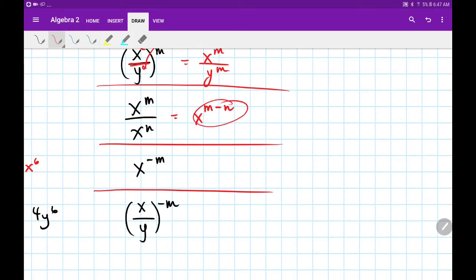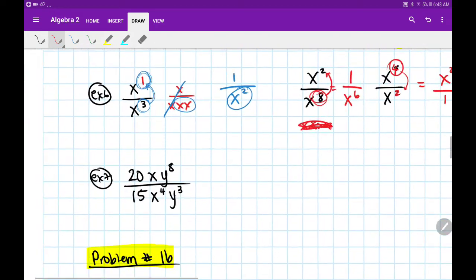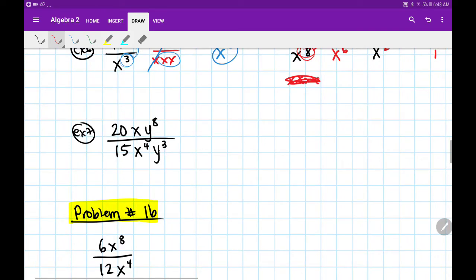And then, as a little note to ourselves, write it with the bigger number. So our bigger exponent, if it was on top, then we'll write the answer in the numerator. If our bigger exponent was in the denominator, we'll write it down at the bottom. Okay, so when we divide, we're going to subtract our exponents.